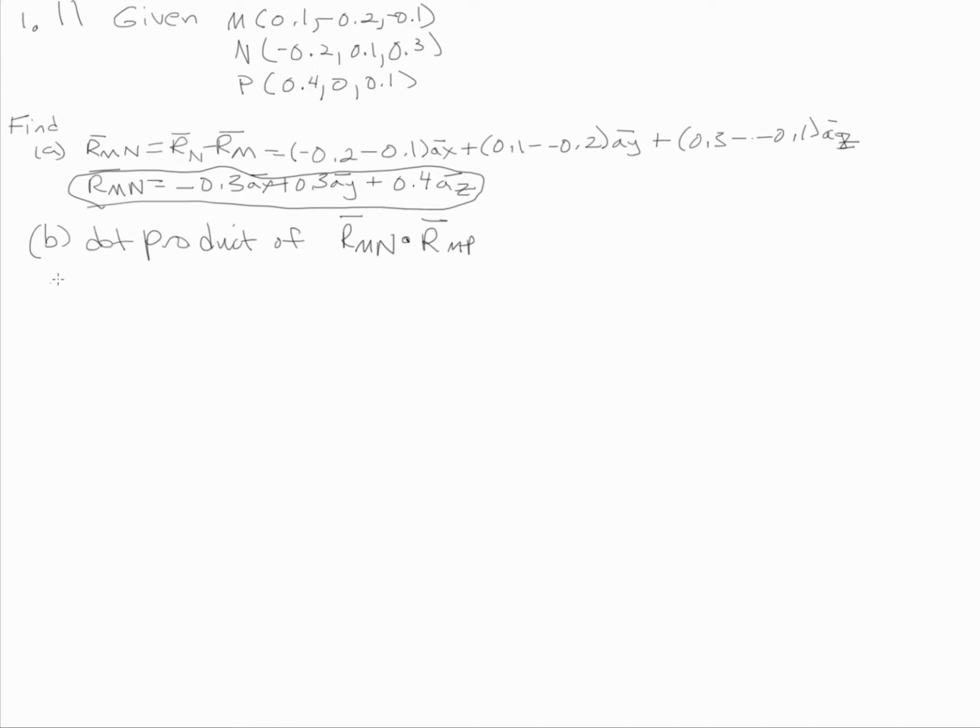We just calculated it, so we have to figure out what R_MP is, which we know is R_P minus R_N. And so we get 0.4 minus N, which is minus 0.2 Ax, plus 0 minus 0.1 Ay, plus 0.1 minus 0.3.